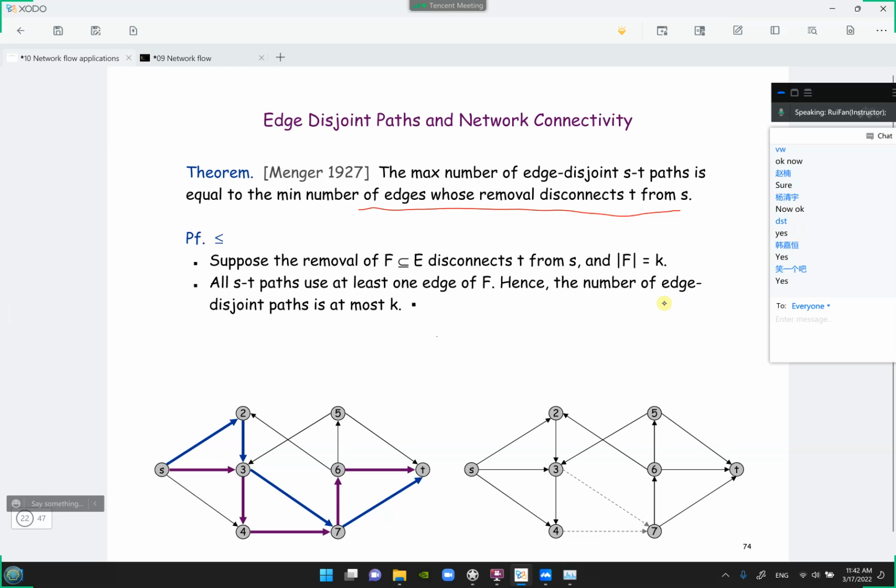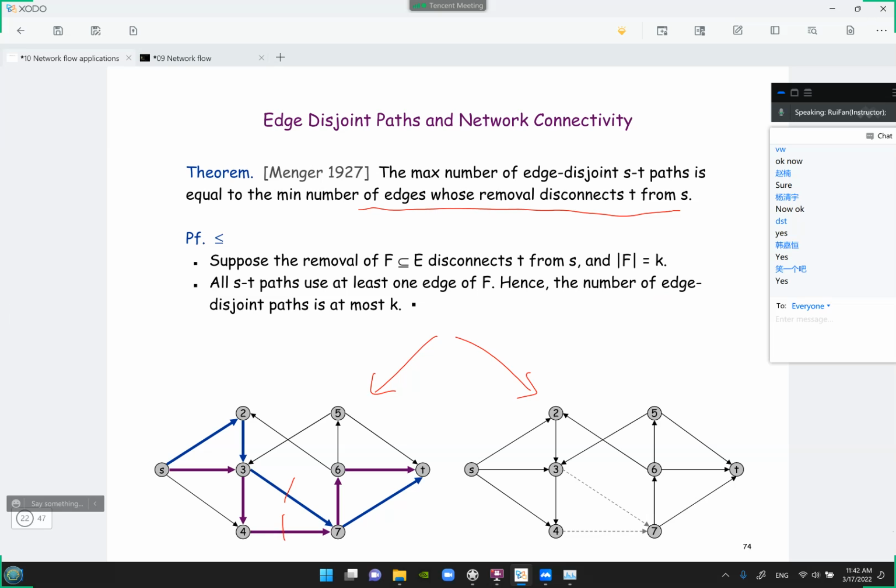So you can look at these two pictures. You have two edge disjoint paths, and you can see that if you take out one edge from each path, then you've disconnected S and T.